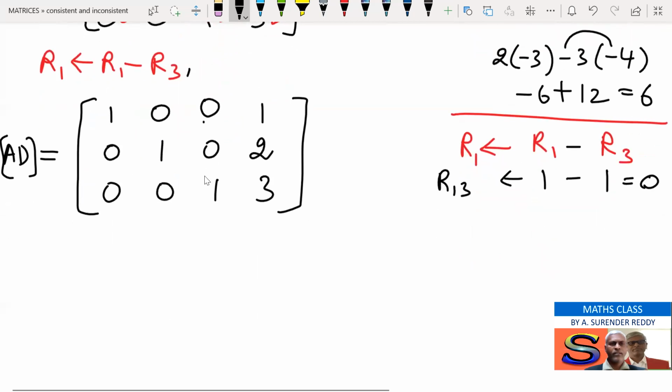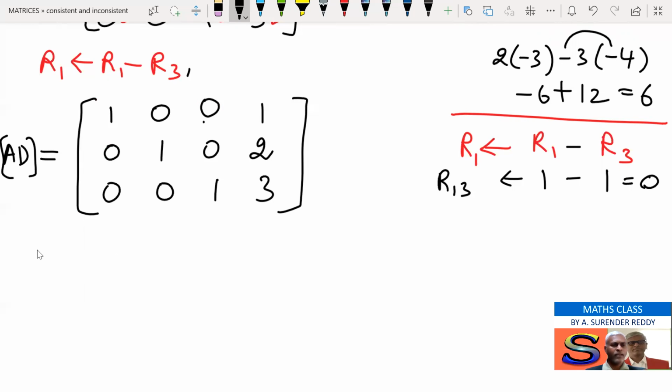In the second row, this 1 represents y, so the y value is 2. In the third row, this 1 represents the z value. If you convert this into equations, these are the coefficients of x, y, z. Therefore, this is the solution. This is an example of a unique solution.